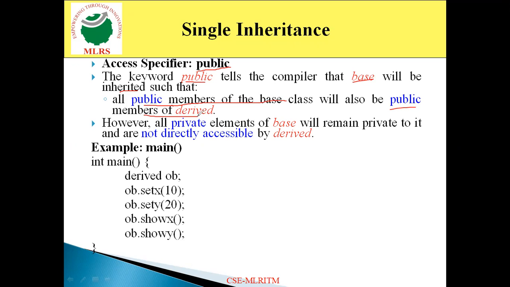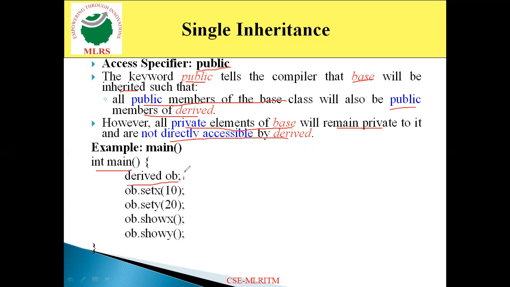Take one more case: if we derive the new class in private mode, all the private members of the base class will remain private, whereas all the public members will also become private. We cannot access them directly. The private members of the base class can never be accessed from outside the class, as they stay in the base class only, but the public members will be in the private section of the derived class.